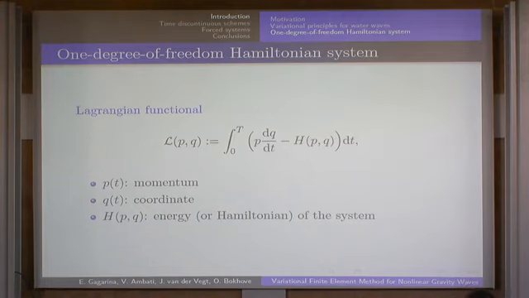Apparently, time integration was particularly non-trivial. And in order to be capable of finding the proper time integrator, we constructed a very, very simple system first. So here you see just a one-dimensional, 1 degree of freedom Hamiltonian system, where P and Q are the generalized momentum and coordinate, respectively, and H, the so-called Hamiltonian, is the total energy of the system.